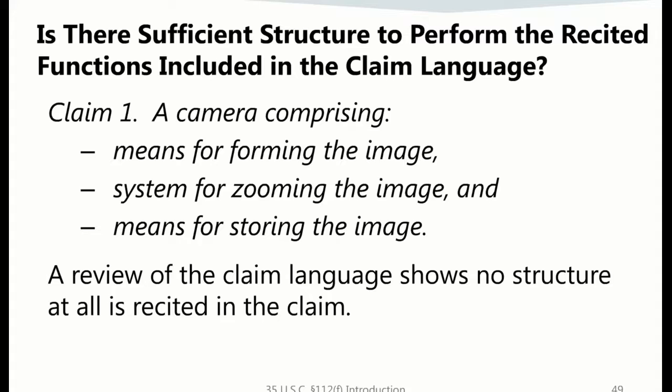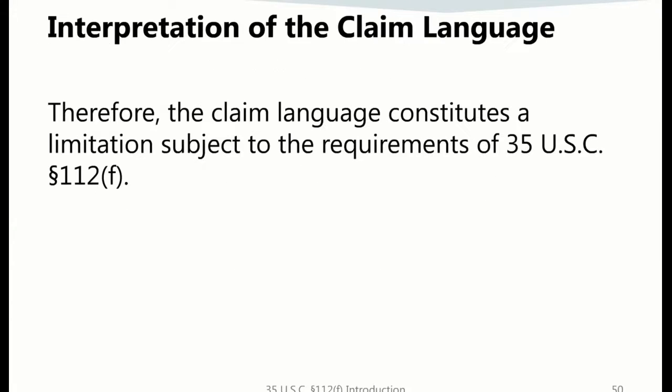The question here is, is there sufficient structure to perform the recited functions in the claim? A review of the claim language shows no structure at all is recited in the claim. Therefore, the claim language constitutes a limitation subject to the requirements of 35 U.S.C. 112(f).